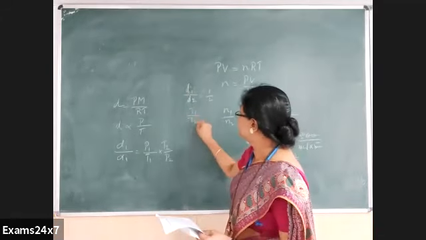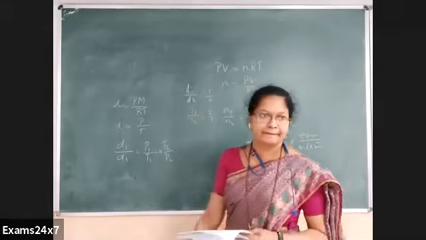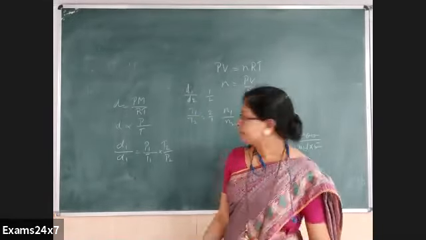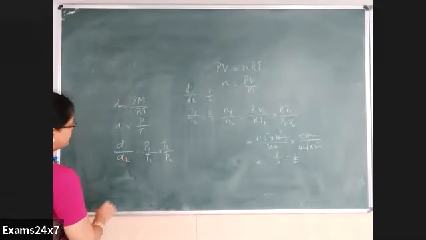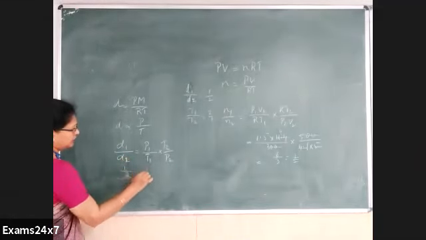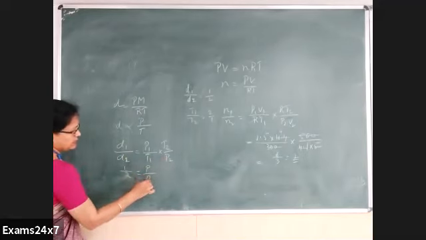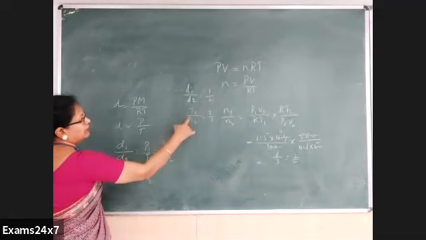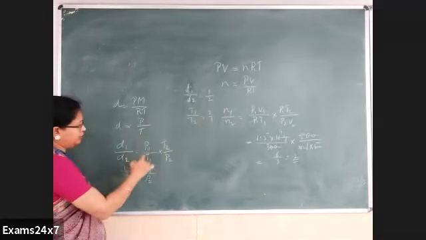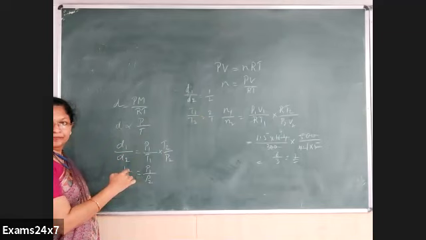T1 by T2 should be 2/1. Now you use this ratio. D1 by D2 is given as 1/2 equal to P1 by P2, which we will keep as such because that ratio is asked, into T2 by T1. T1 by T2 is 2/1. T2 by T1 should be 1/2, no?